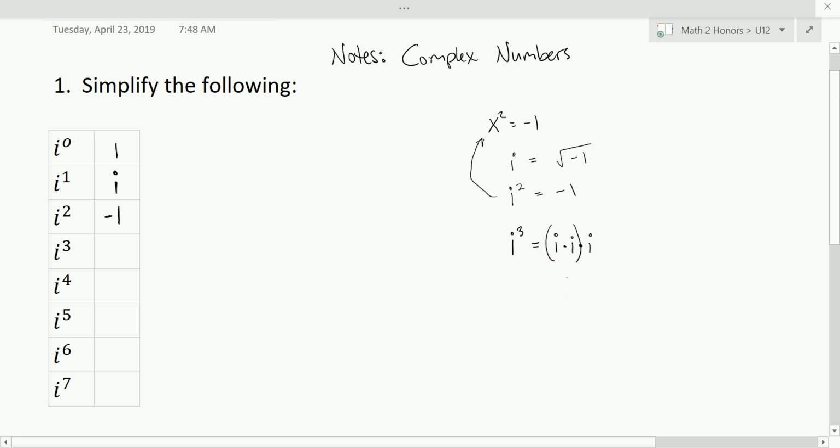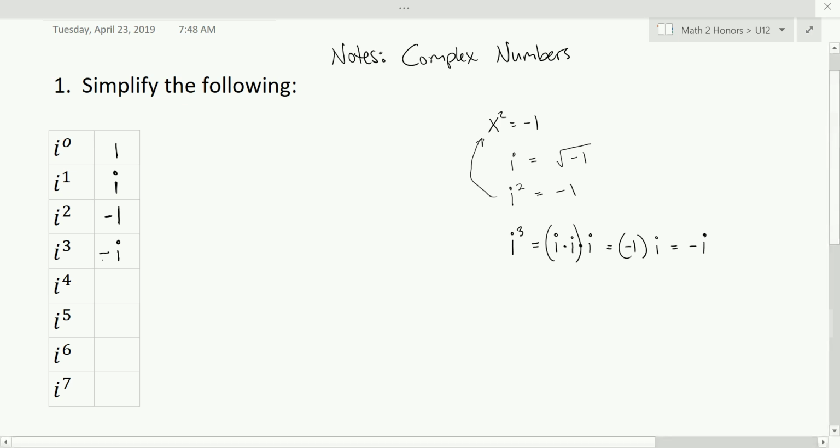So this is the same thing as -1 times i. And what's -1 times i? -i. Right? Because i squared is -1, so -1 times anything makes it the opposite sign. So it's -i.